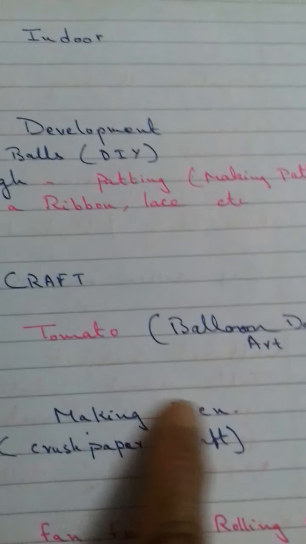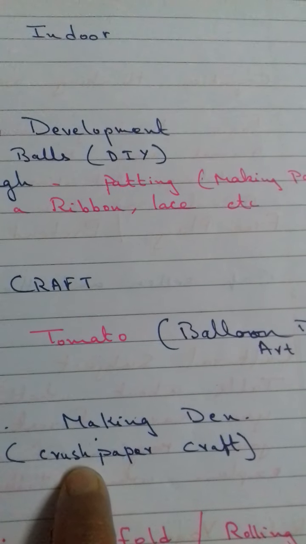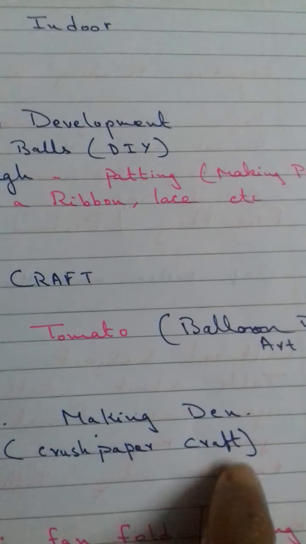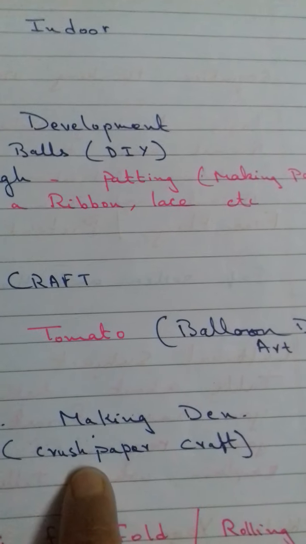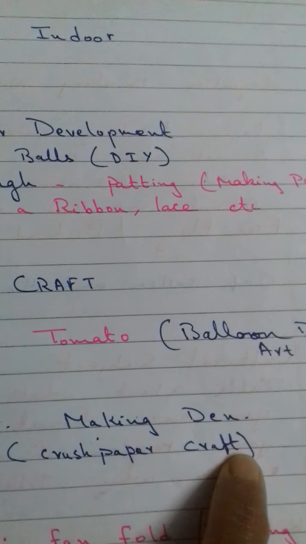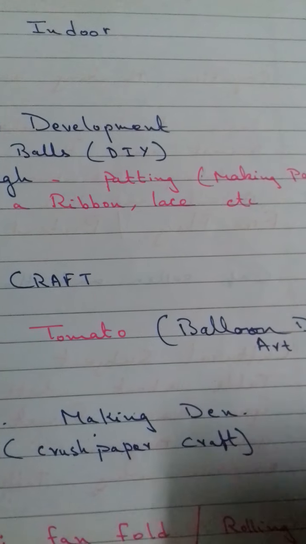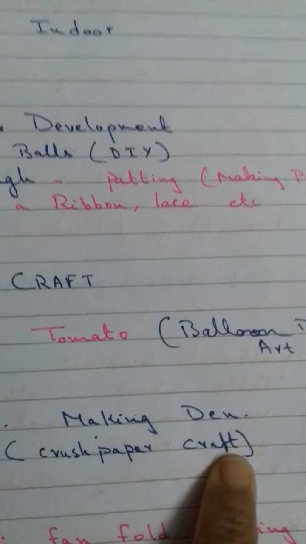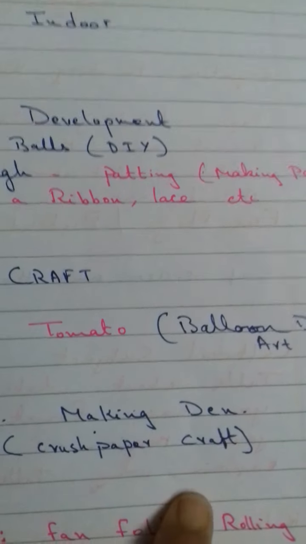Craft, it's making a den using crushed paper craft. Draw a den for the child and give some brown color envelope papers so that they can crush and stick them on the den picture as rocks.